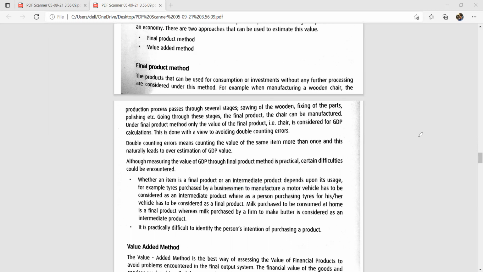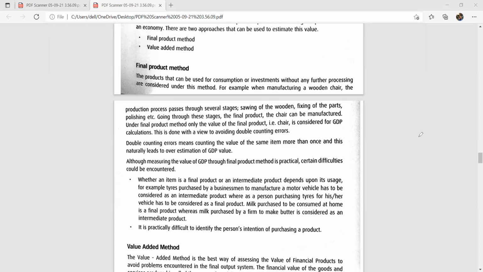It depends upon its usage. For example, a tire purchased by a businessman to manufacture a motor vehicle has to be considered as an intermediate product, whereas a person purchasing a tire for his or her vehicle has to be considered as a final product.